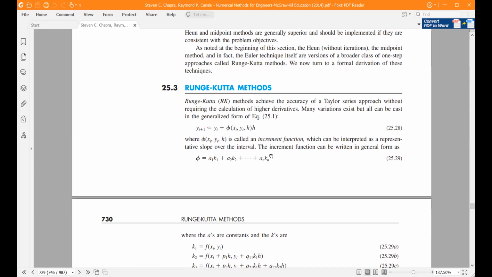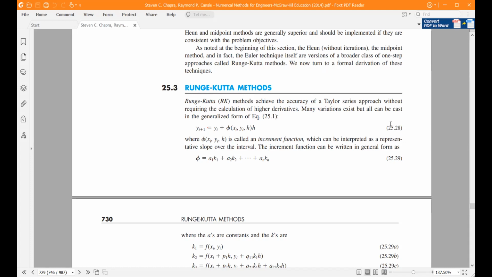So this is equation 25.28. It is rewritten from equation 25.1 in the form that you see now, what we have discussed earlier. The variants of the method depend on how the slope is estimated.